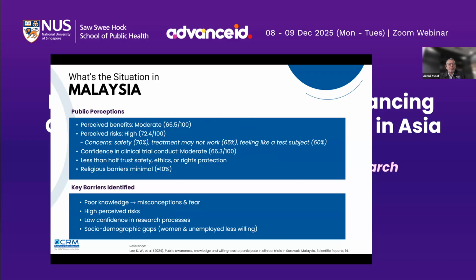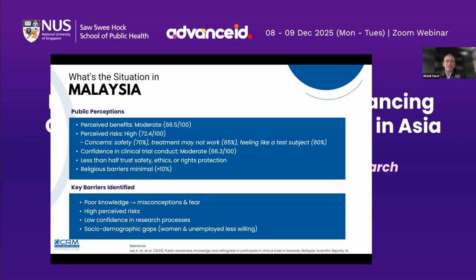So what are the public perceptions? They believe that there is a benefit of doing clinical research from these samples, and there is a perception that there might be a high risk in doing so. And a lot of the concerns are about safety, treatment that might not work, and feeling that they are a test subject.